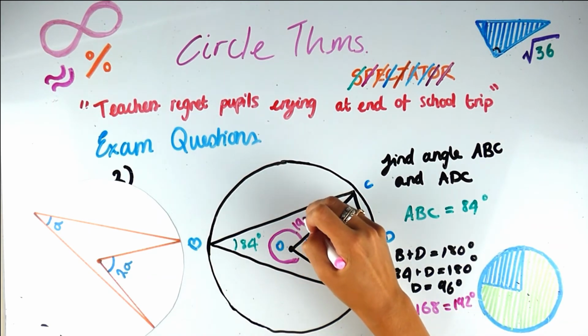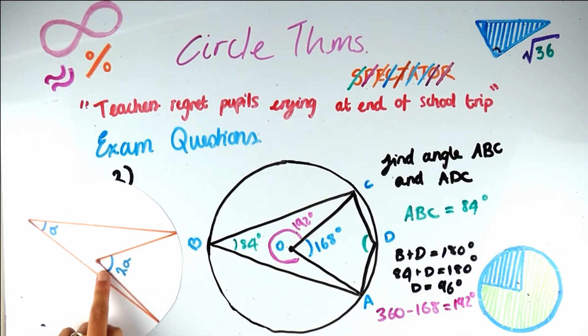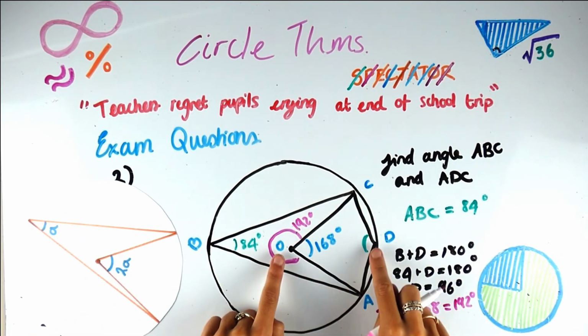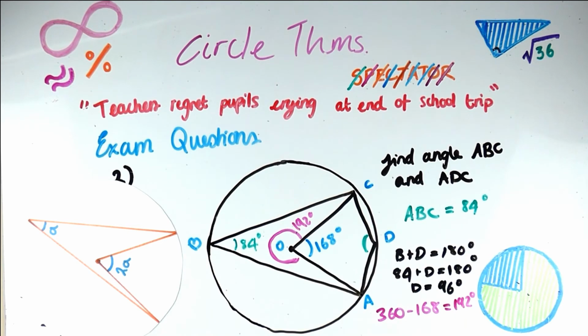We know this is 192 degrees. Then we can use the same rule here: the angle at the centre is twice the angle at the circumference. So 192 divided by 2 is 96 again. So there are two ways we could approach that question.